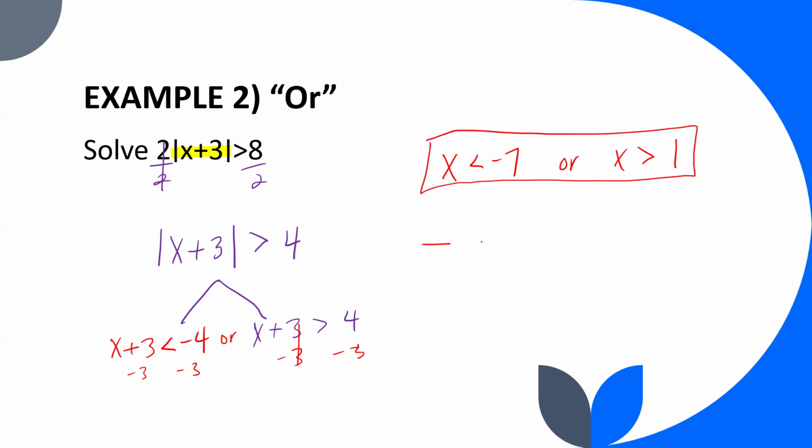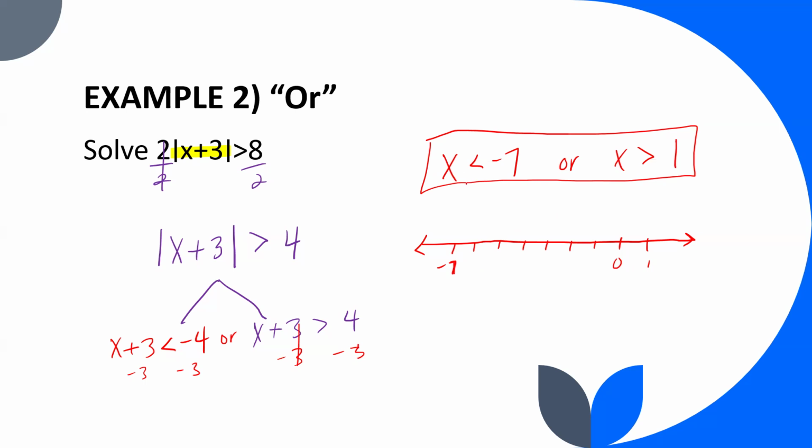So on a number line, this is why it is split. So here's my number line. This time I'm going to draw a little more here. 0, 1. And I have negative 1, negative 2, negative 3, negative 4, negative 5, negative 6, negative 7. All right. Are the circles going to be open or closed?